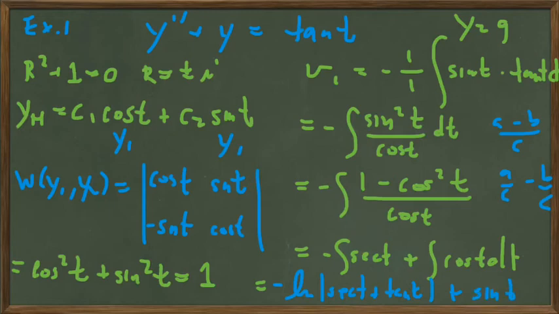So there is our V1. So let's get our V2. Our V2 is 1 over A, 1 over the Wronskian. Those are both 1. There's not a minus sign out in front of this integral. It is g of t times y1.